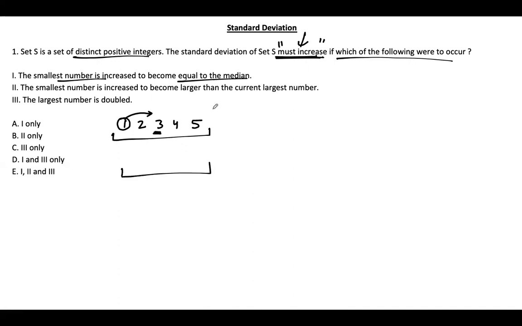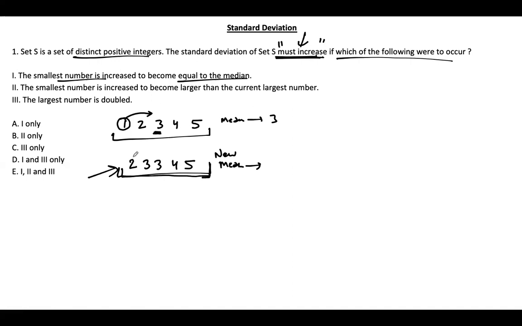First of all, what will happen? In order to calculate standard deviation, we calculate the mean. So mean is 3 right now. What will be the new mean? New mean, I'm asking. Right now, the series has become 2, 3, 3, 4, 5. Can you get an approximate value of mean? You shouldn't be doing this while solving this question.